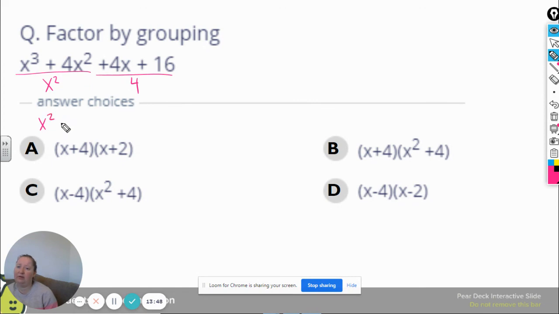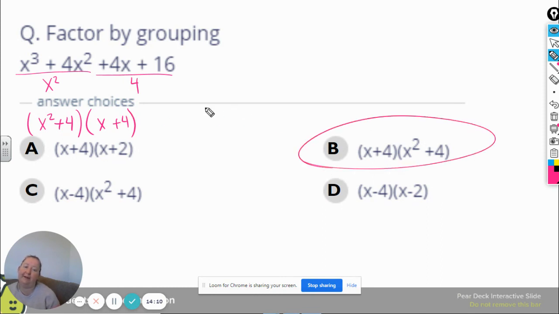X squared plus 4 is going to give me, this is the super short form of this. Okay, that's the shortest I would accept for shown work, okay? And it is true, this is factual, but you could easily skip a step and make a mistake. So just be careful about that. And that is factor by grouping.